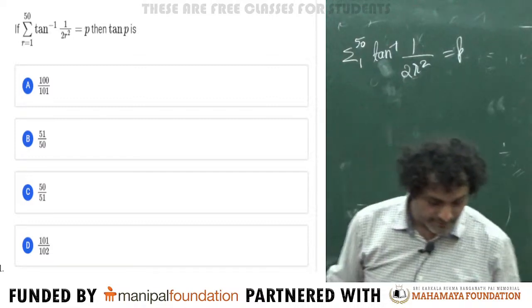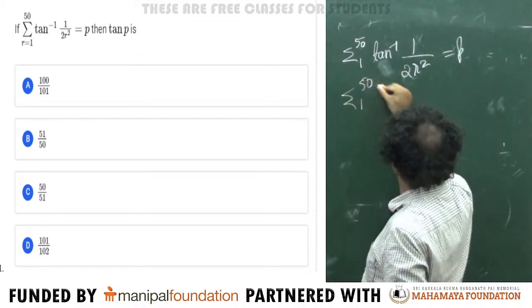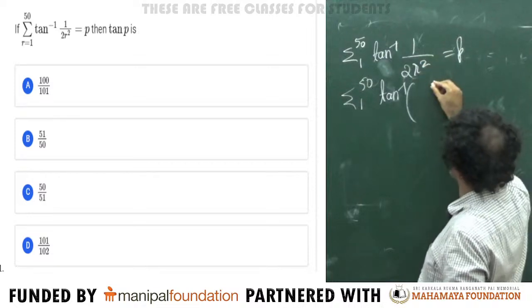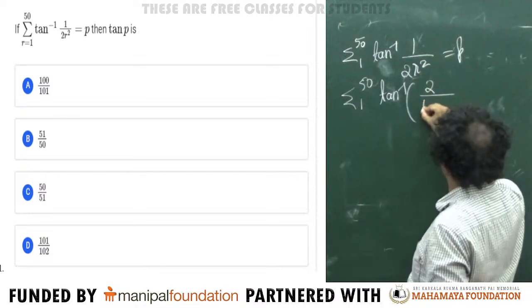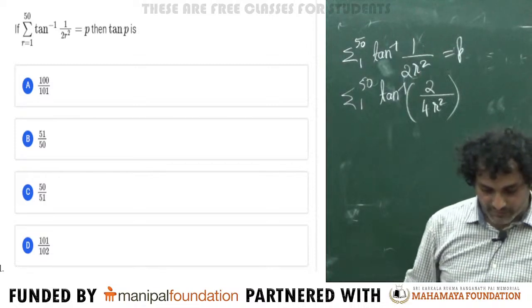That's the hint. So let it be summation 1 to 50 tan inverse. Instead of 1 by 2r squared, I'll take 2 divided by 4r squared. All right, this is how you work on it.